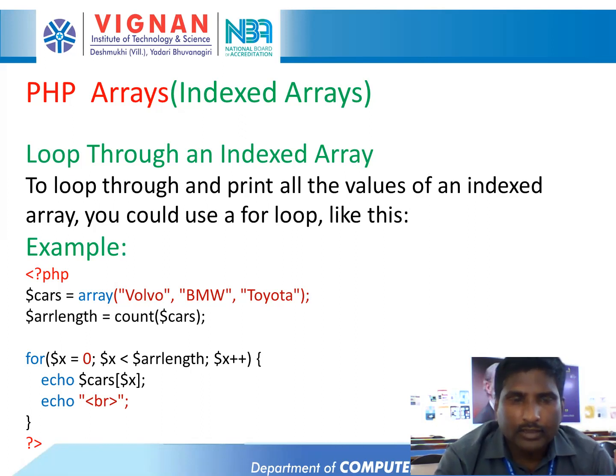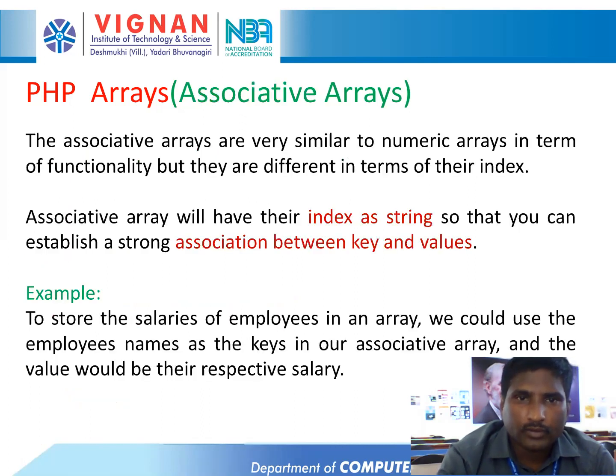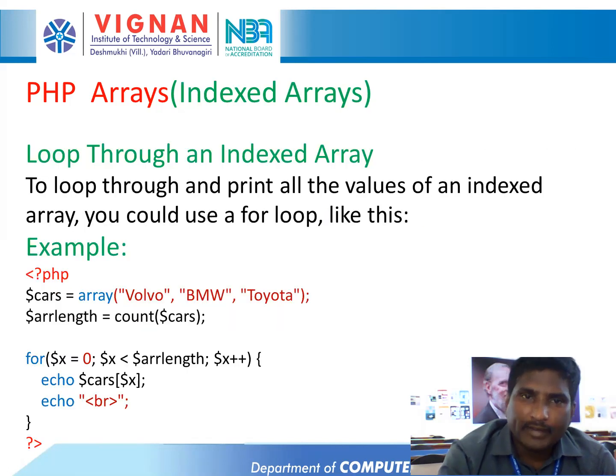Then we run the for loop: initial $x equals 0, $x less than the length of the array, semicolon, $x plus plus. Within the for loop we have written the statement to print the corresponding value in the array. By observing the output we can understand. So this is about indexed arrays.